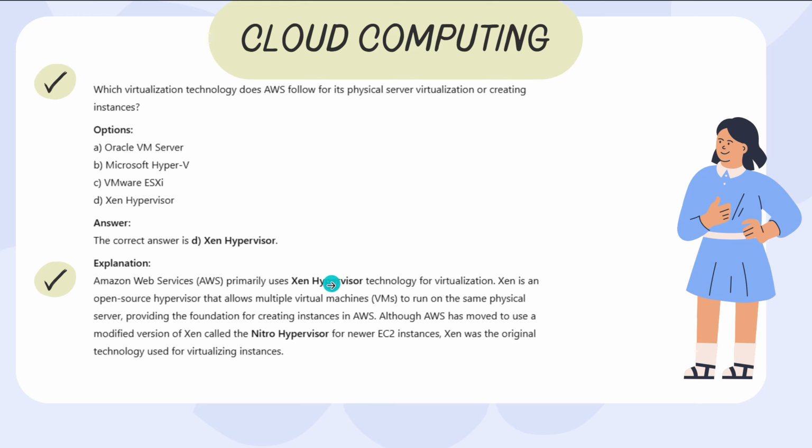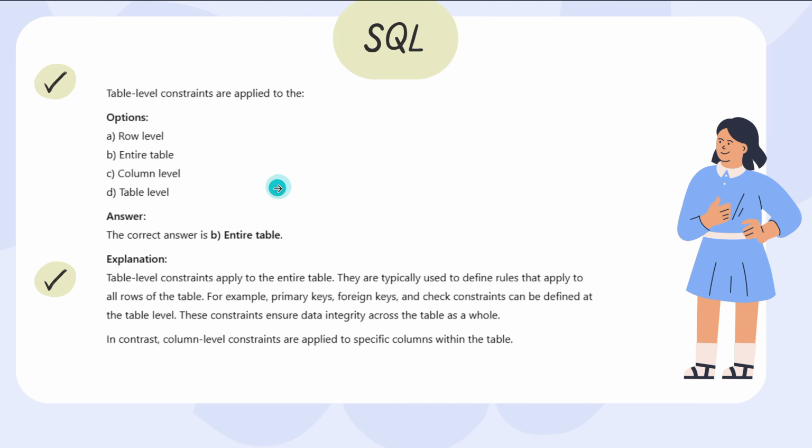Amazon Web Services primarily uses Xen hypervisor technology for virtualization. Xen is an open source hypervisor that allows multiple virtual machines to run on the same physical server, providing the foundation for creating instances in AWS. Although AWS has moved to a modified version of Xen called Nitro Hypervisor for newer EC2 instances. Okay, this is the correct solution. Let us move on to the next question.